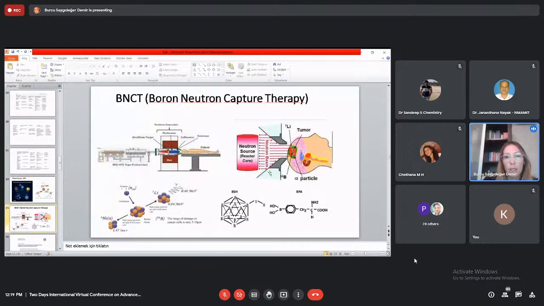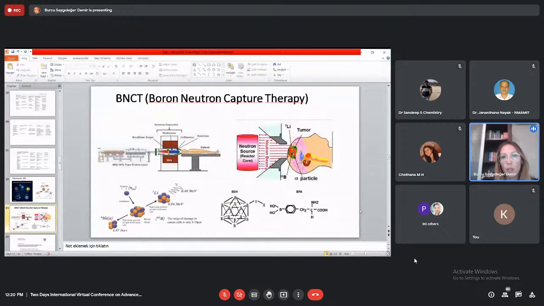Yes, it is an example therapy, an interesting therapy. Sorry, boron neutron capture therapy. This is a therapy modality wherein a boron-10 containing compound is administered to selectively accumulate in the cancerous tissues, followed by irradiation of the tissue with neutrons.